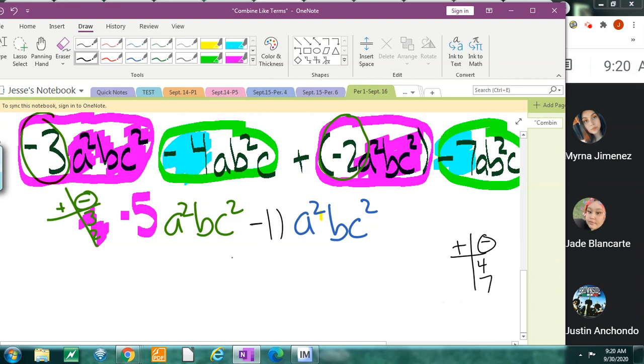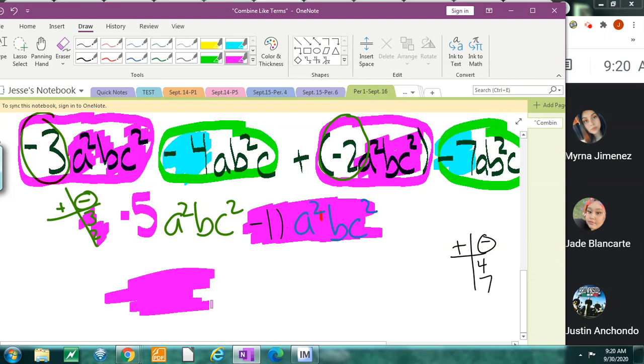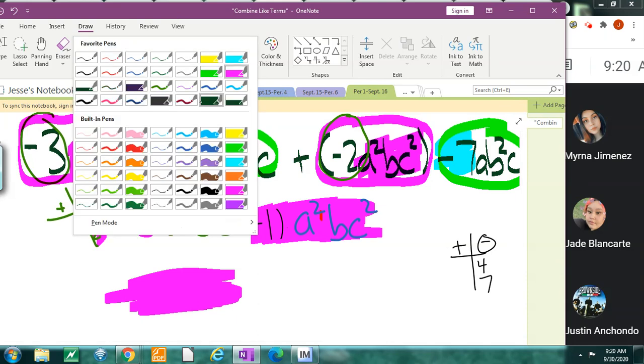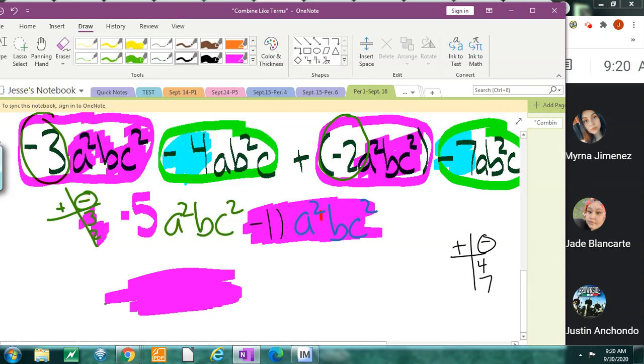Now, can I switch it around? Yeah, this could go first if you want. You could write this one first. So here, if I write it right here first, don't forget you got to put the -11. Okay, so -11 a b squared c.